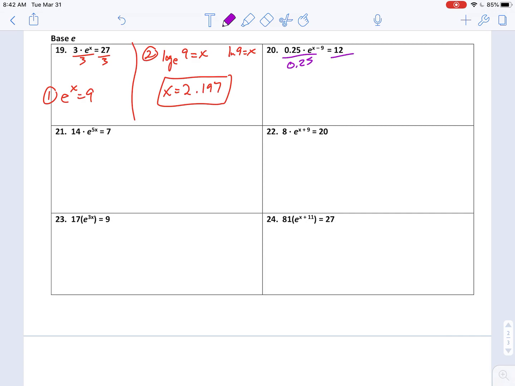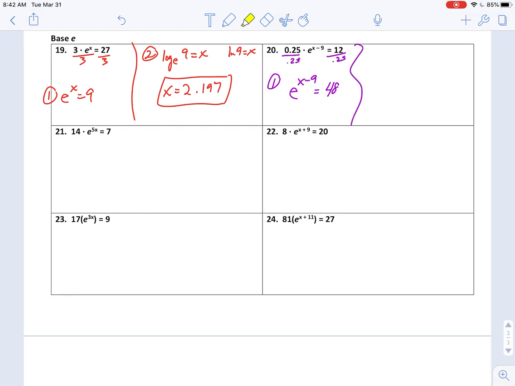And the last problem here, we'll do the same process. I want to get this exponent by itself, so I need to divide by that 0.25. And e to the x minus 9 equals 48.